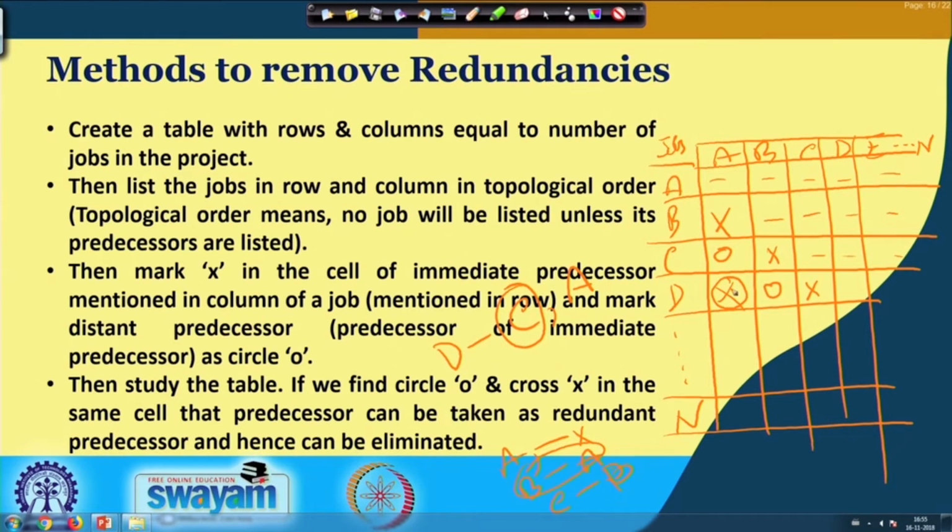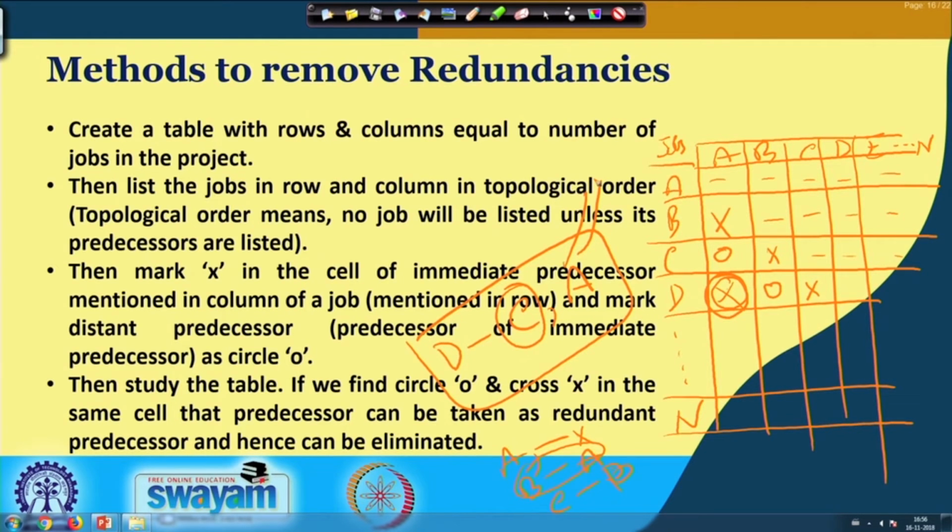So, you can see there is a point A where we have a cross and circle together. That means, as per the table, what we are saying is the immediate predecessor is actually our distant predecessor also. So, it is not worthwhile to mention a distant predecessor as an immediate predecessor.